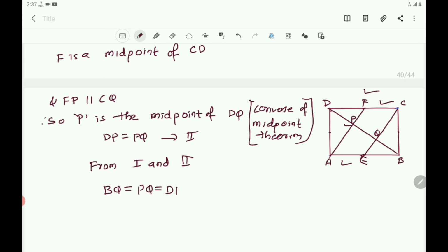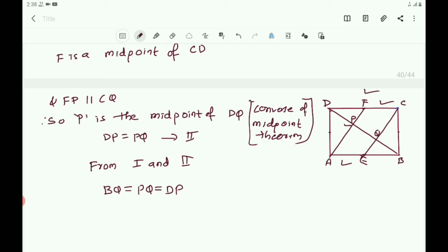So you can say that P and Q are the points of trisection of the diagonal DB. Here this is proved with the help of the midpoint theorem and its converse.